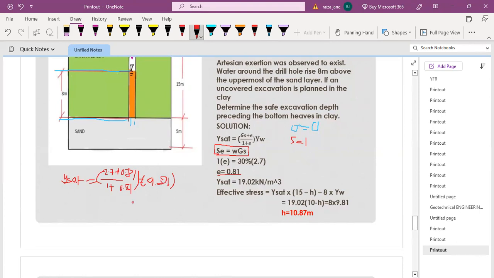So, what we get is 19.02 kilonewton per cubic meter.